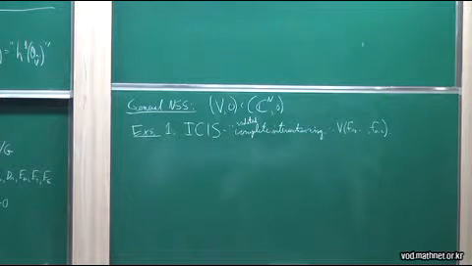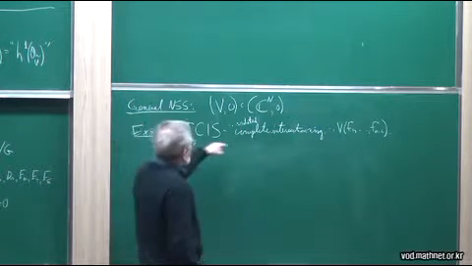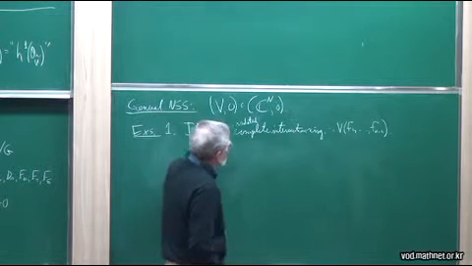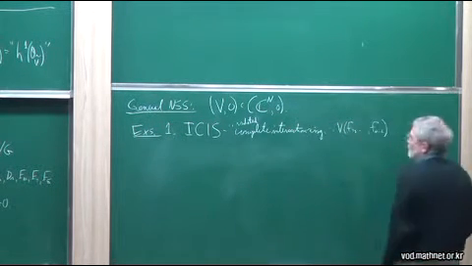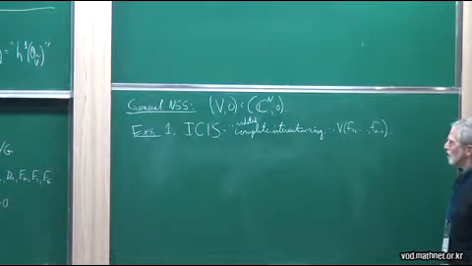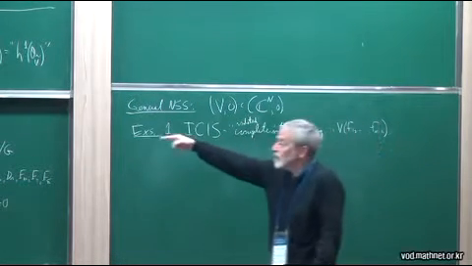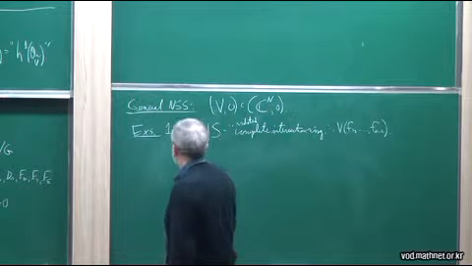If it's isolated, it's automatically normal. So if you get an isolated singularity, then it's a theorem that these are normal. That's a good example. It's a jazzed up version of the hypersurface case.